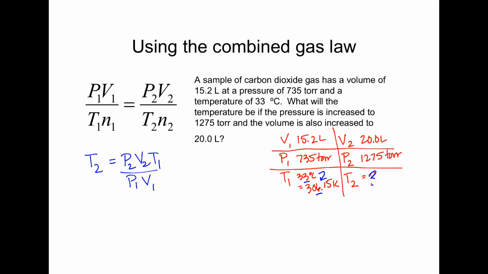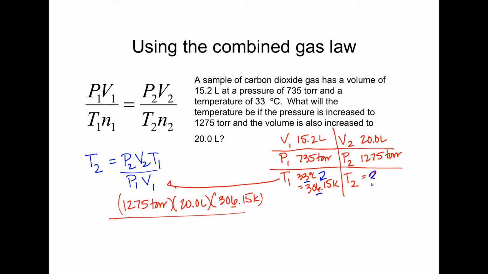All right, so now I'm going to take the numbers from this side and put them into my equation. P2 is 1275 torr. V2 is 20 liters. T1, 306.15. I'm going to make sure I mark my sig figs there.